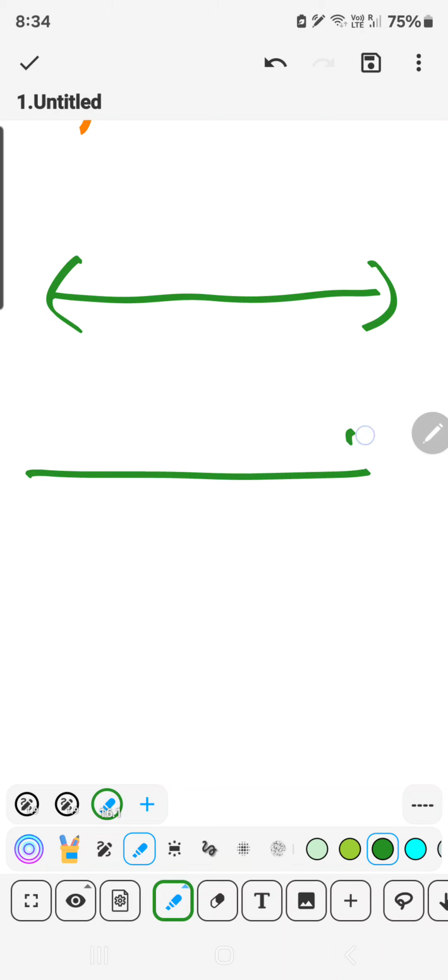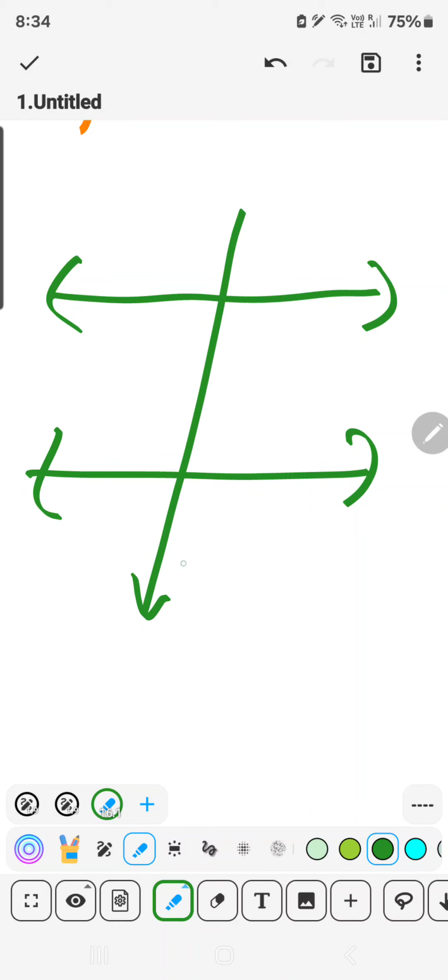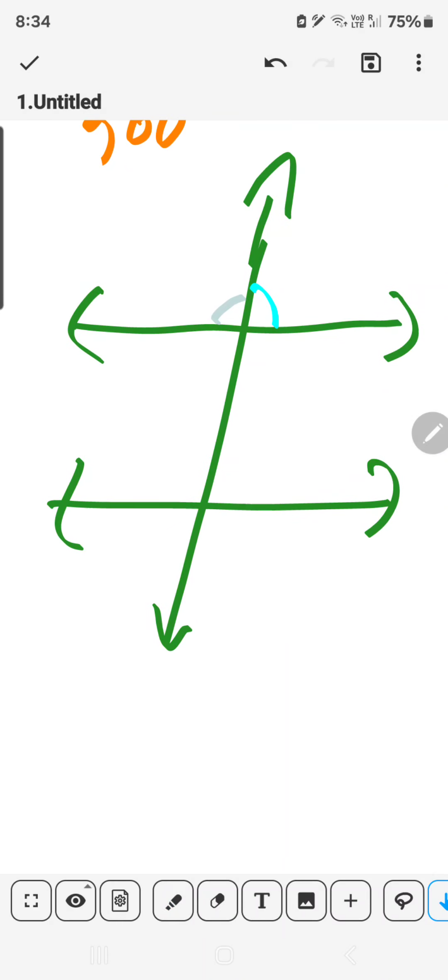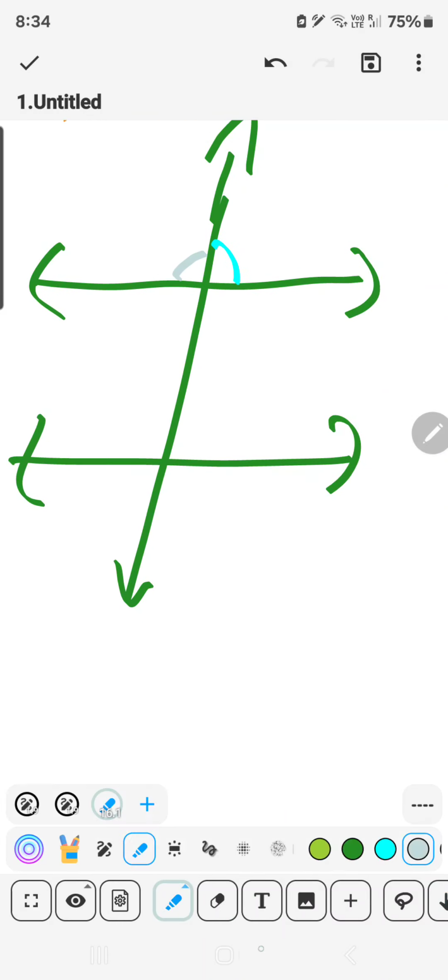Now, moving towards how to solve equation problems. I am drawing this, and this, and from this only you will understand all the angles. 1, 2, 3, 4, then this and this.